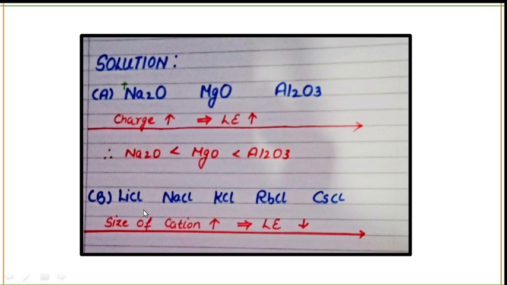For second, LiCl, NaCl, KCl, RbCl and CsCl, as the size of the cation increases along the group, the lattice energy decreases because lattice energy is inversely proportional to size. I hope now you are all clear about ionic bonding and lattice energy, and you will solve all the questions accordingly.